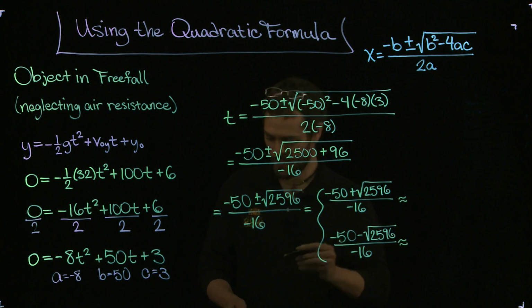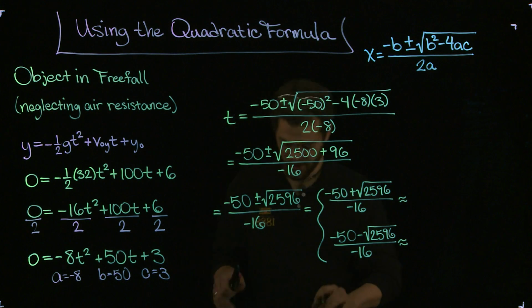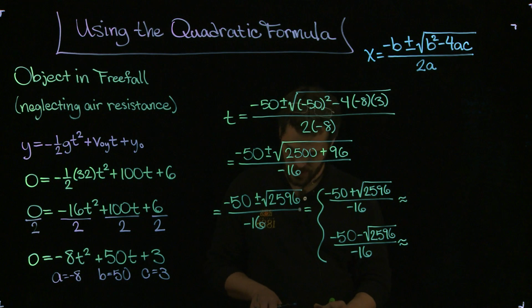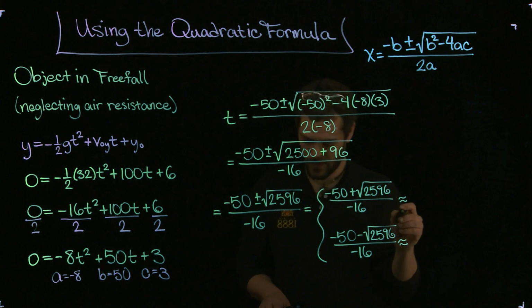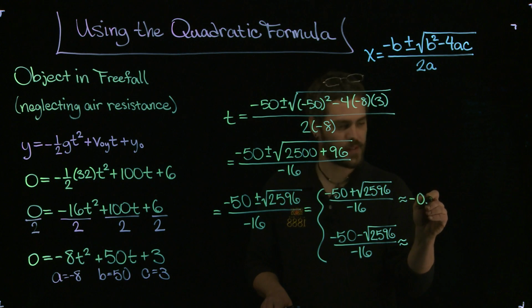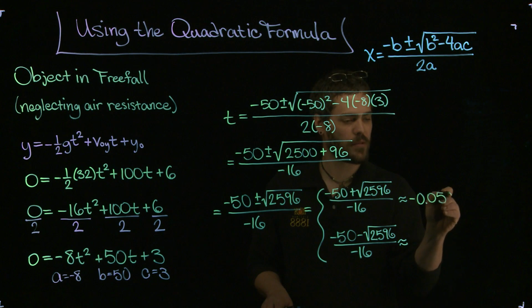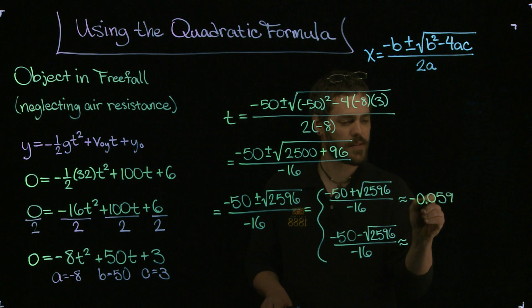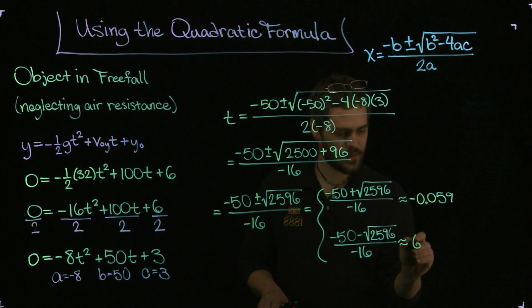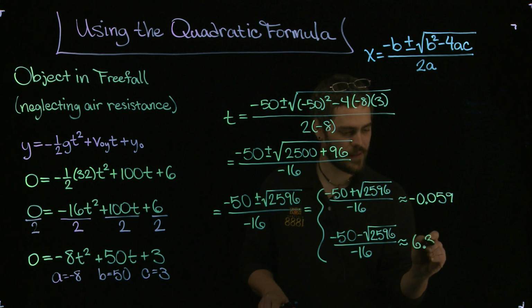Feel free to pause it and punch it up on your calculator, see what you get. I've already calculated this out. And what I got for the top one was -0.059 to the thousandths place. And on the bottom, I got 6.309 to the thousandths place.